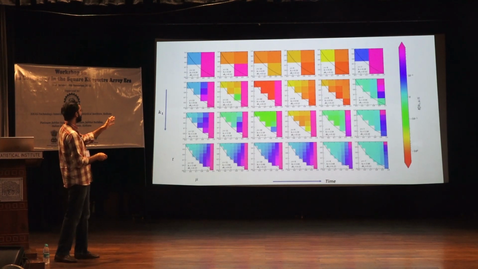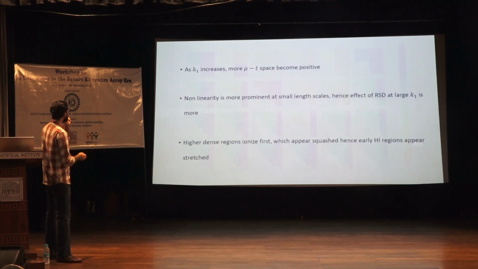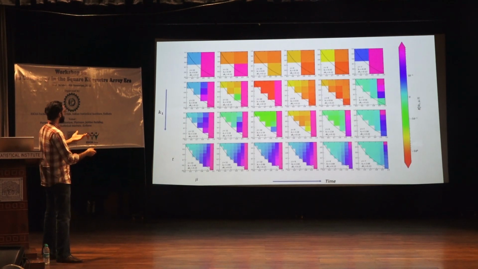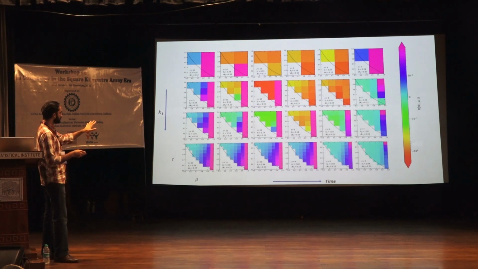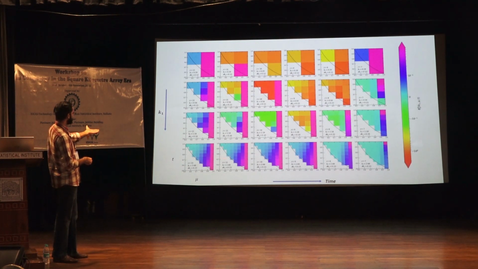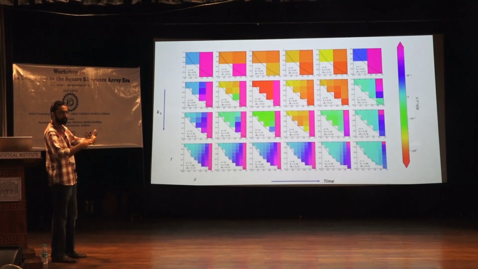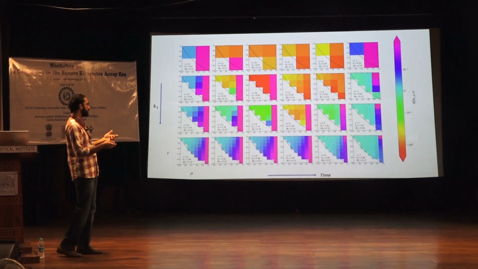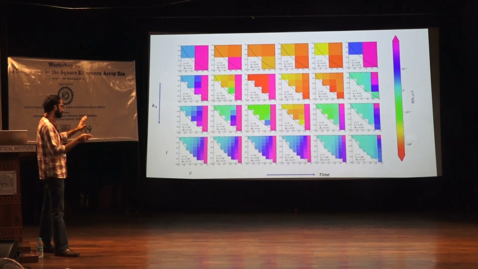This is the mu-t space. As k increases, more of the mu-t space becomes positive. One point I would like to highlight is that in real space this was negative for small mu values, but as k increases, more and more values in the linear limit become positive, and at higher k1 the bispectrum corresponding to this k value becomes positive entirely.